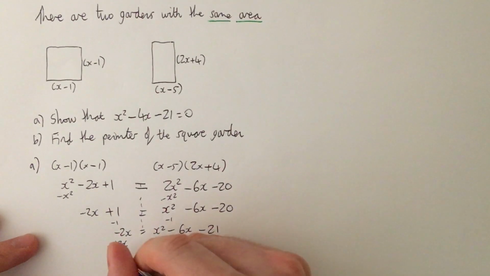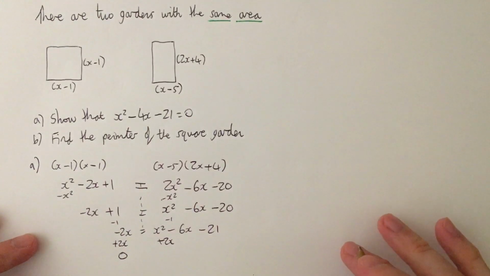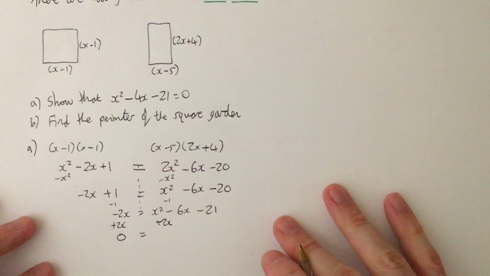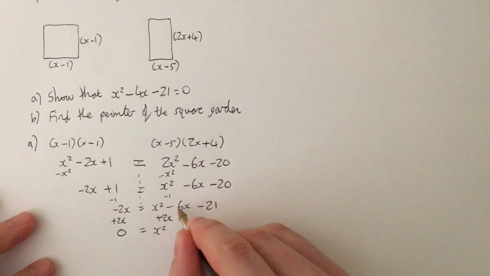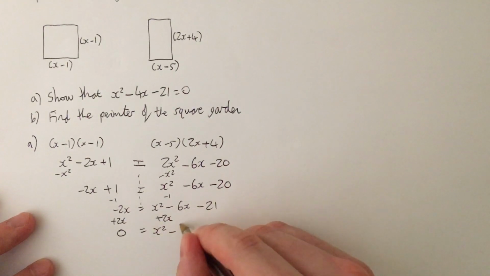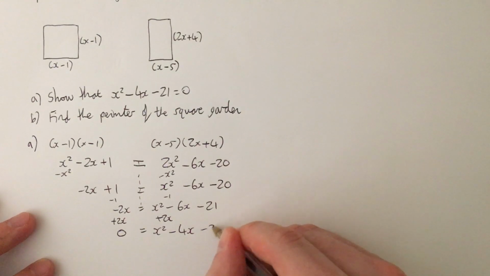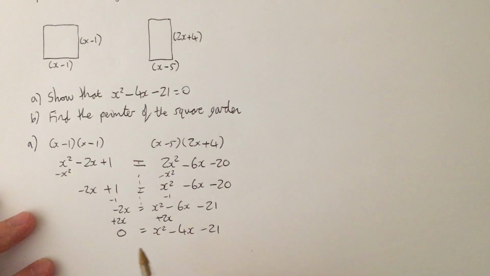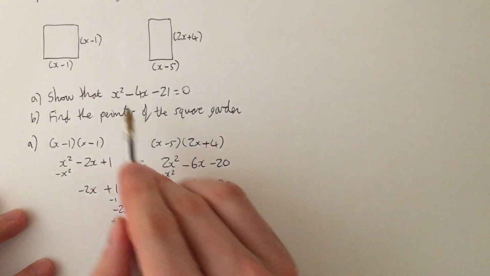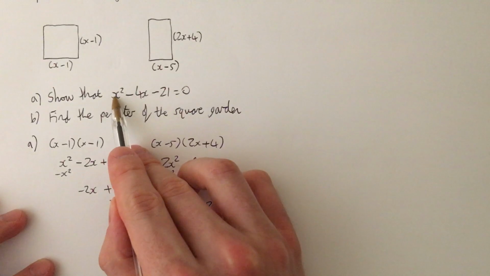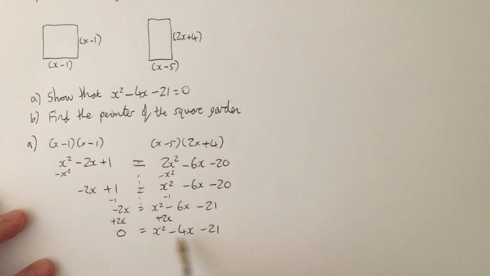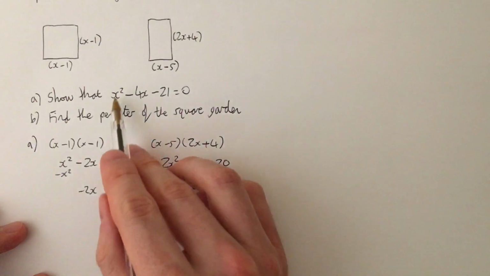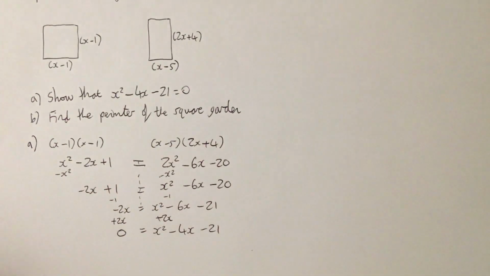So this would end up being 0 equals x squared, negative 6x plus 2x is negative 4x, negative 21 left over. So therefore what we have here, this answer right here is the same as that. It doesn't matter that ours starts with 0, theirs ends with 0. The fact is it still equals 0. If you want to, you could rewrite it just like that, but we have the correct answer there.